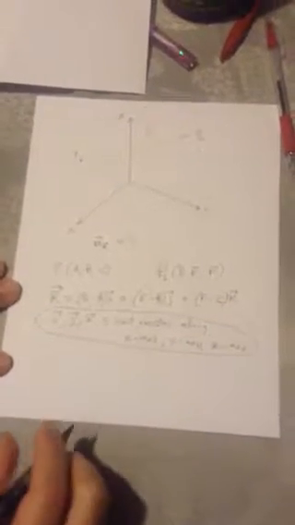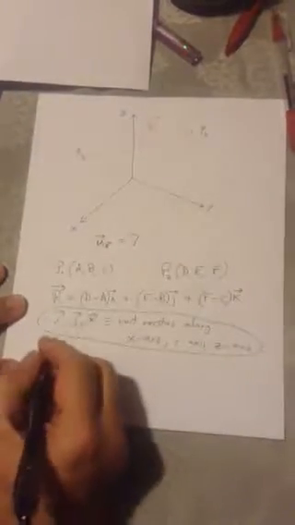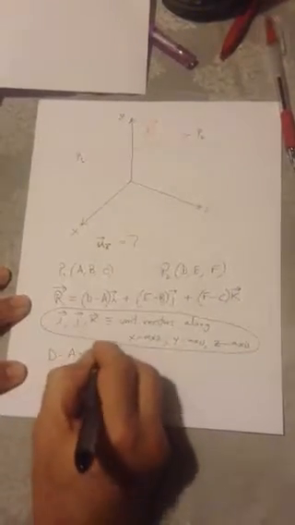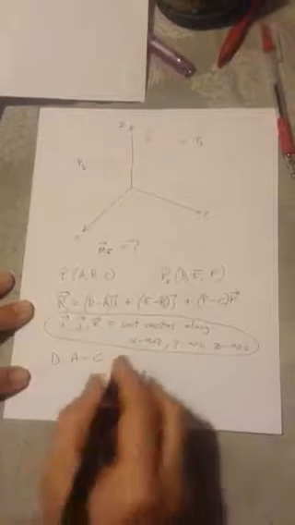Now, for simplicity's sake, let's say that D minus A equals G. These are simply numbers, okay?